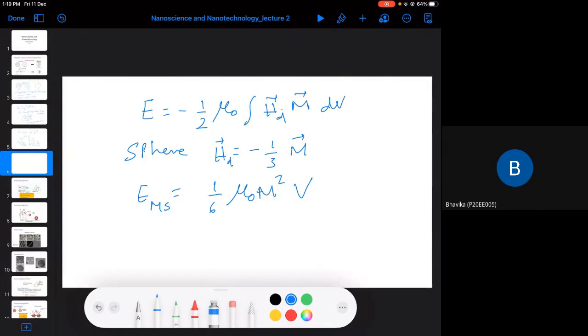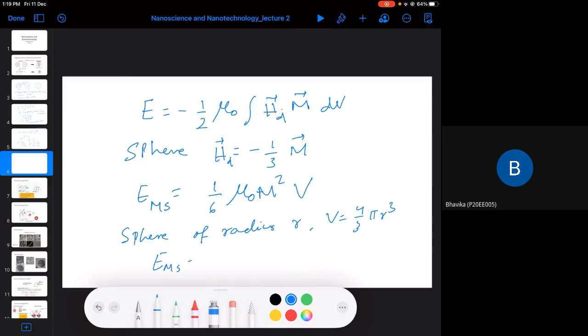So let's go back. We have a magnetostatic energy which is given by this equation. If we take a sphere of radius r, the volume is of course 4 by 3 pi r cube.